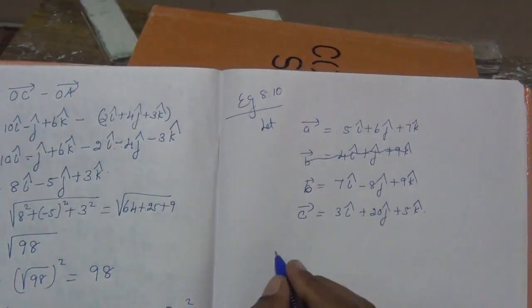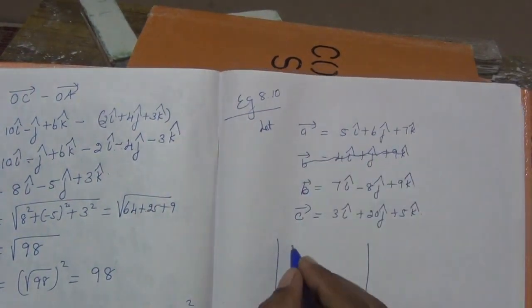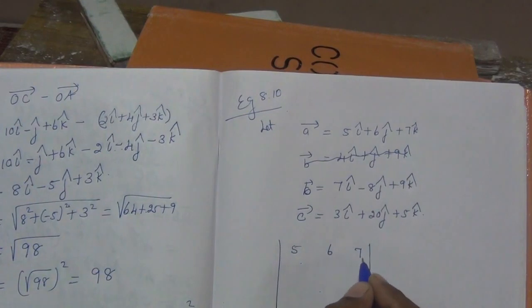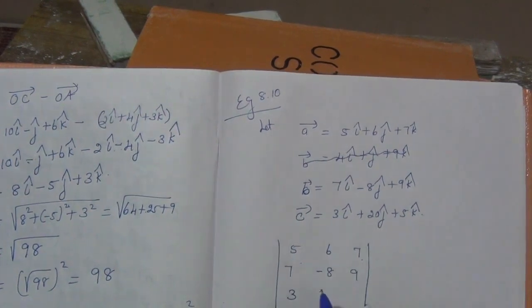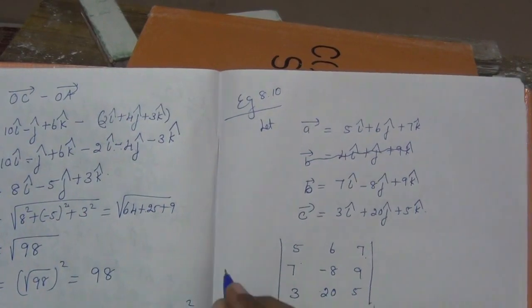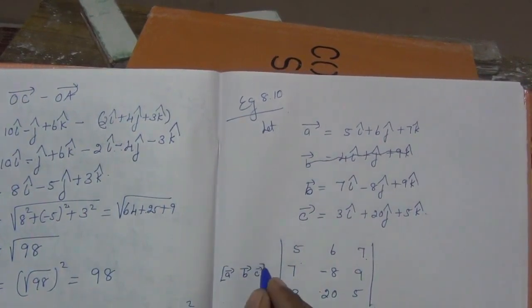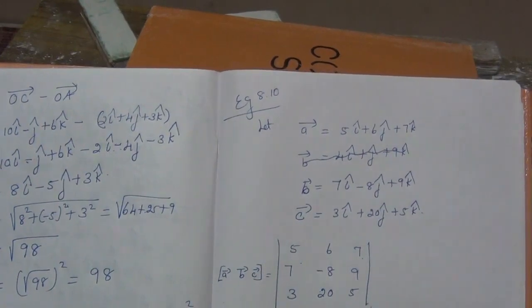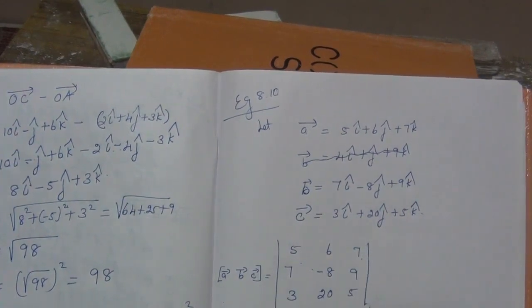So for the coplanar determinant, we write the coefficients 5, 6, 7; 7, minus 8, 9; and 3, 20, 5. We will now simplify and check it. Actually this is box product A vector, B vector, C vector. See, 5 into minus 40 minus 20 into 9, that is 180.